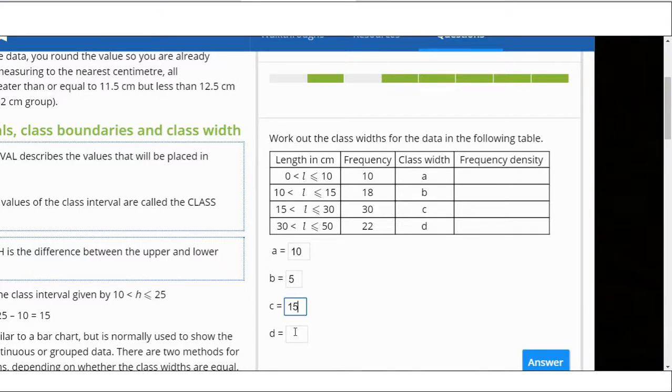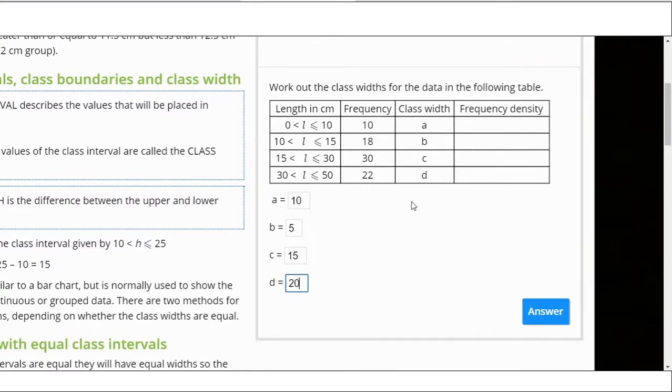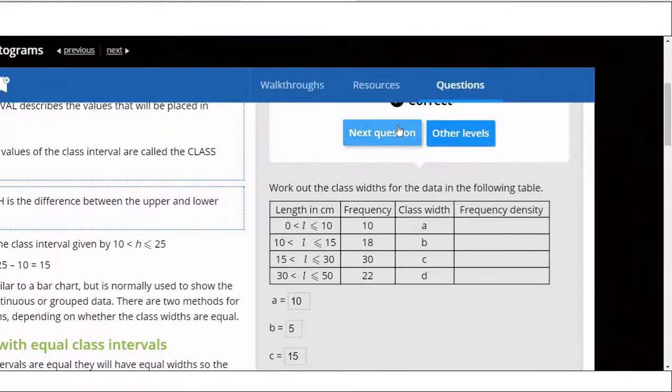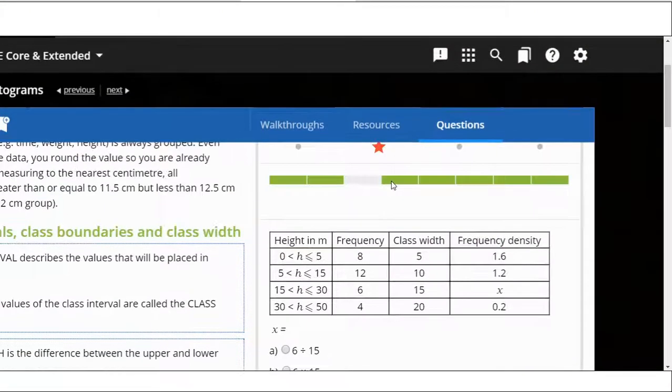D, 50 minus 30, so it's 20, the class width. Easy, right? You just subtract this to find the class width. All right, that's correct.